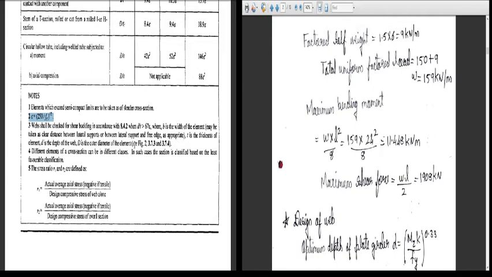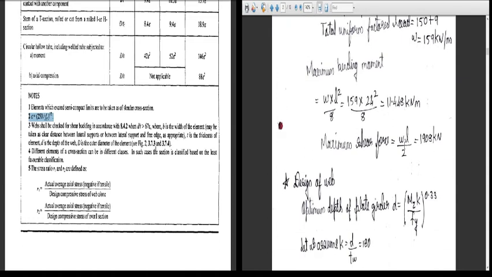It works out to be 11448 kilonewton meter, and the maximum shear force is given by WL by 2. So 159 into 24 divided by 2 is 1908 kilonewton. This is how we calculate the maximum bending moment and shear force. We will see the further design part in the next class. Thank you.